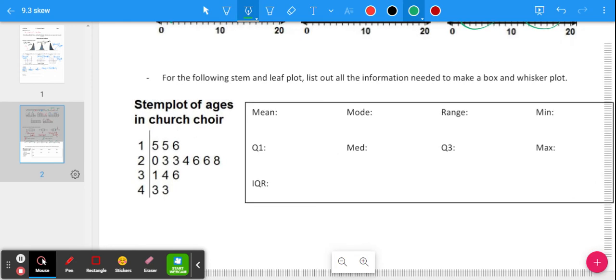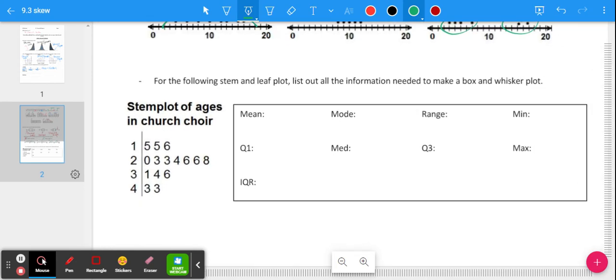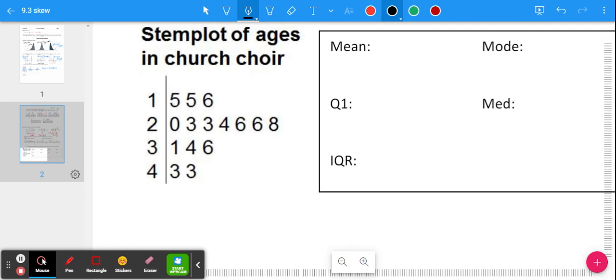All right, on the last one, we're going to make the list of numbers together, and then you guys are going to fill in the box on your own. So the way to read a stem and leaf plot is this is your tens amount, and these are your ones. So the first numbers are 15, another 15, and a 16. That's what this section represents.